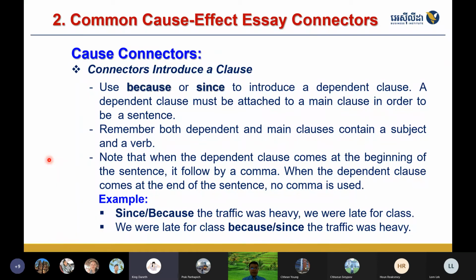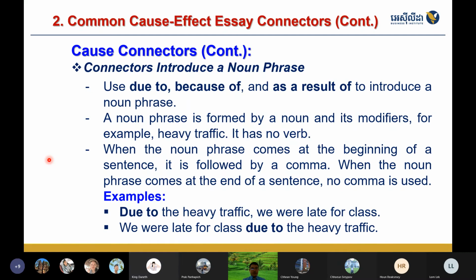When the dependent clause comes at the beginning of the sentence, it is followed by a comma. When it comes at the end of the sentence, no comma is used. Example: Since the traffic was heavy, we were late for class. We were late for class because the traffic was heavy. Continue.